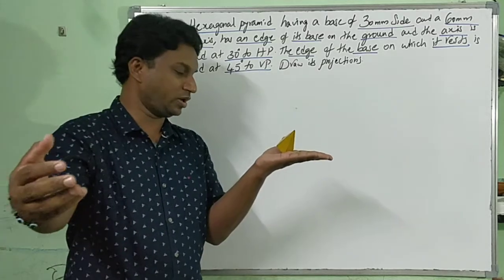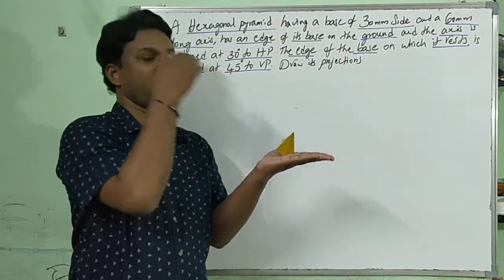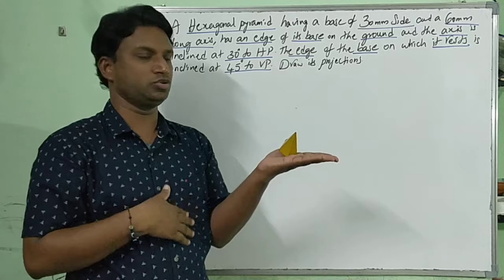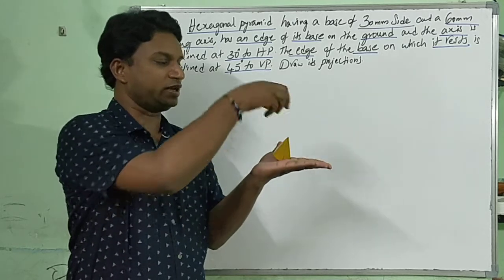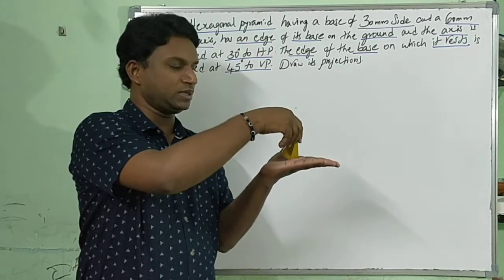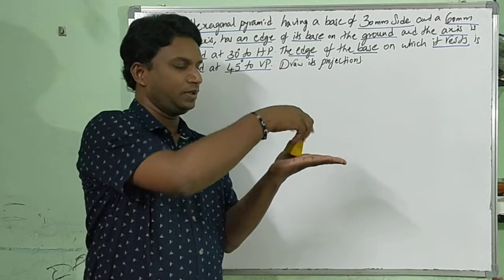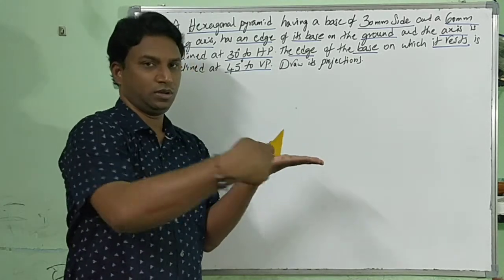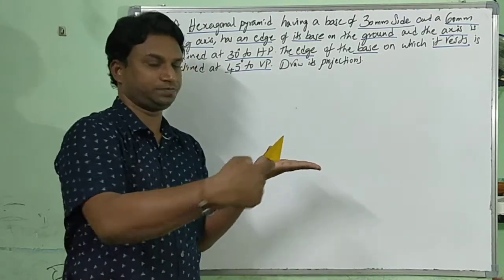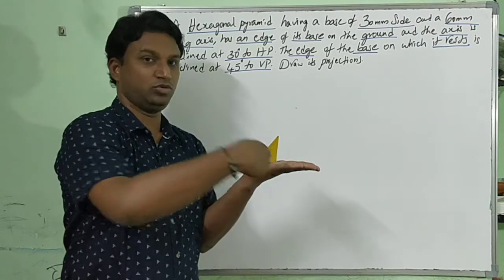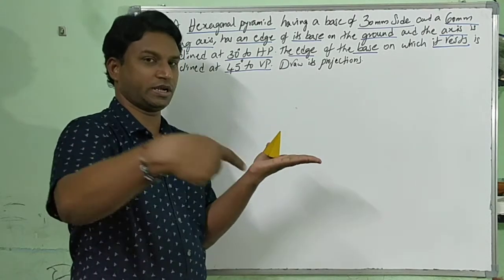Now you are supposed to draw its projections directly, front view and top view, which we cannot do. So whatever the 45 degrees to VP, I am removing that such that it will be straight towards you, a horizontal line straight towards you.